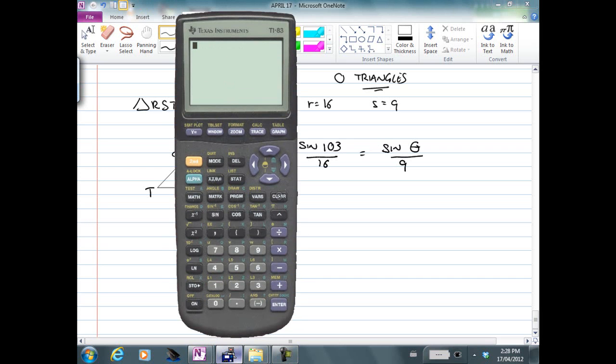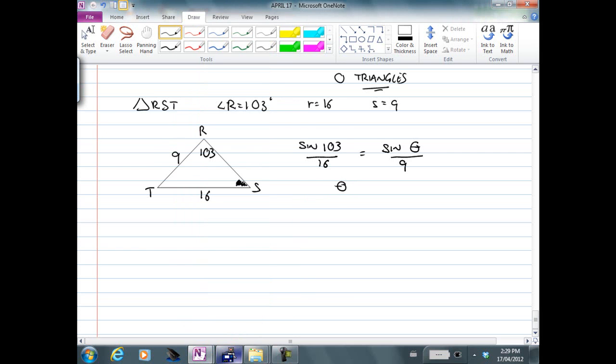Okay, let's solve it. Sine 103 divided by 16 times 9. Inverse sine 0.54808. 33 degrees. That's one of them. So let's write down theta equals 33 degrees. I want you to draw your triangle right now.